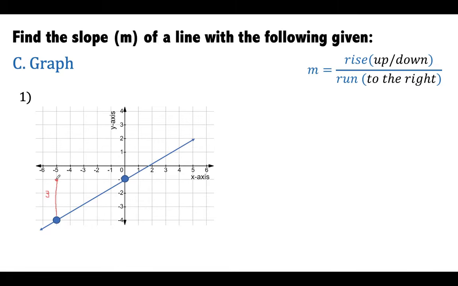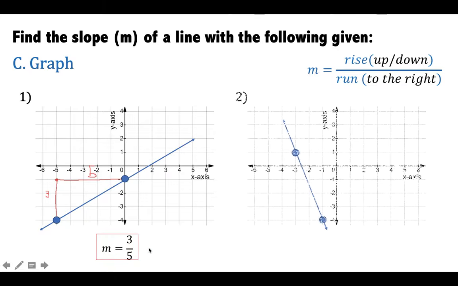Then from here, going to the right, forward, we will run. Let's see how many units. 1, 2, 3, 4, 5. And that will be our denominator. Therefore, our m is equal to 3/5. We rise 3 units, then we run 5 units. So our slope is 3/5. For given number 2, from this point, how are we going to get to the next point?